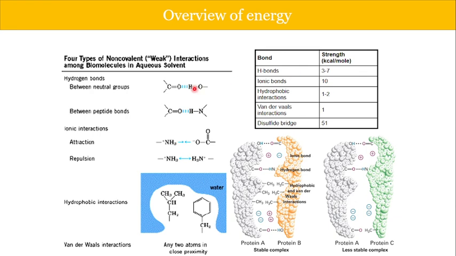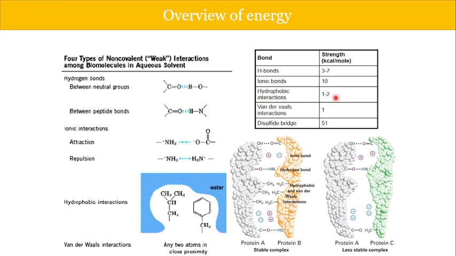Then we have ionic interactions, accounting for 10 kilocalories per mole. Then we have hydrophobic interactions, which account for 1 to 2 kilocalories per mole. Then we have van der Waals interactions of about 1 kilocalorie per mole, and disulfide bridges, which account for 51 kilocalories per mole.